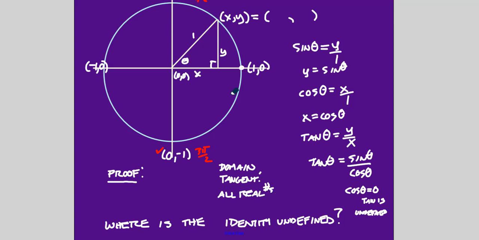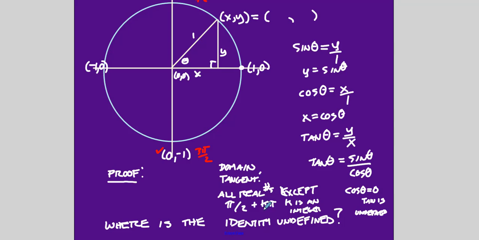Except pi over 2 plus k pi, where k is an integer. So k is going to be some integer.